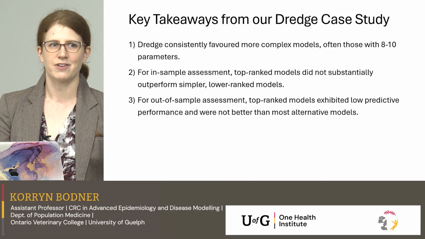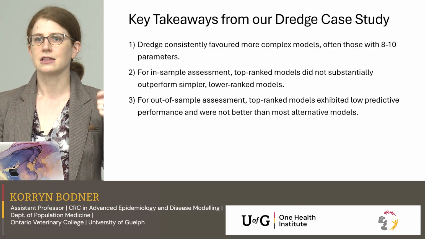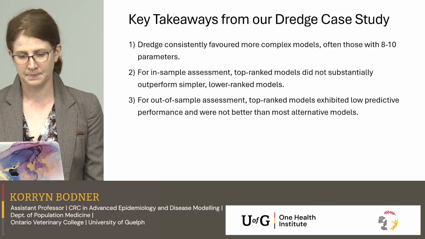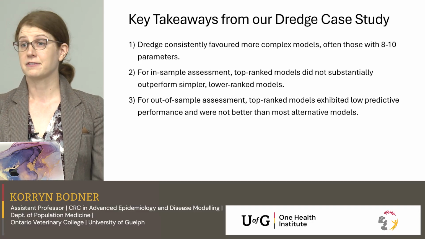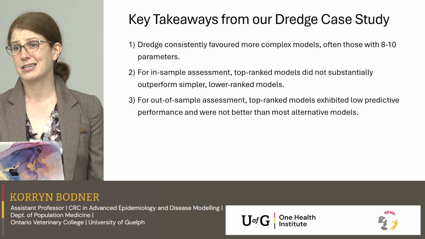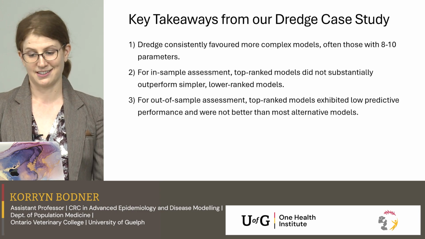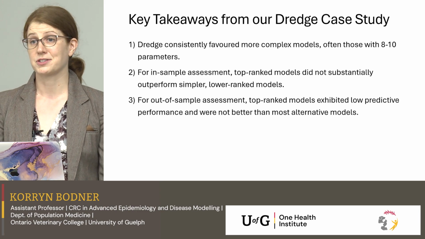What is better is something we could debate for hours, but we didn't see large, substantial differences. And finally, for out-of-sample assessment, looking at prediction, our top-ranked models exhibited, like I said, low predictive performance, and they were not any better than most alternative models.